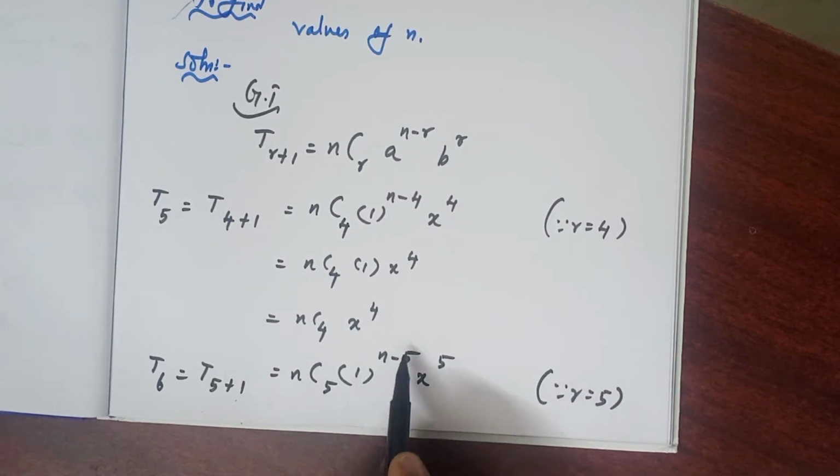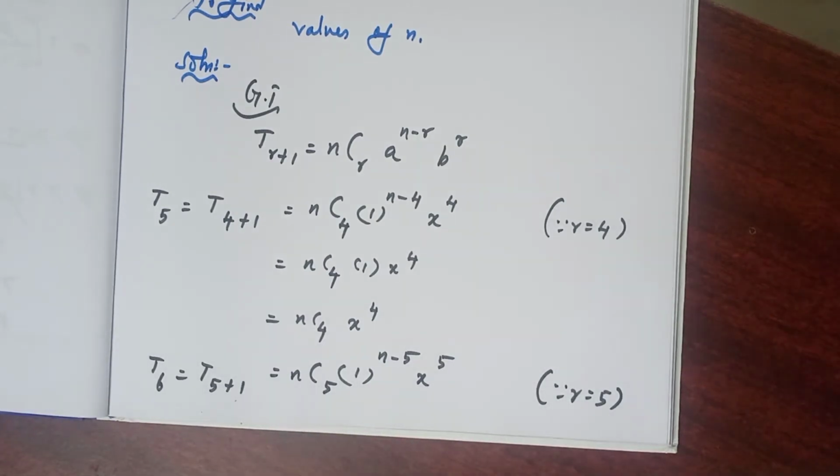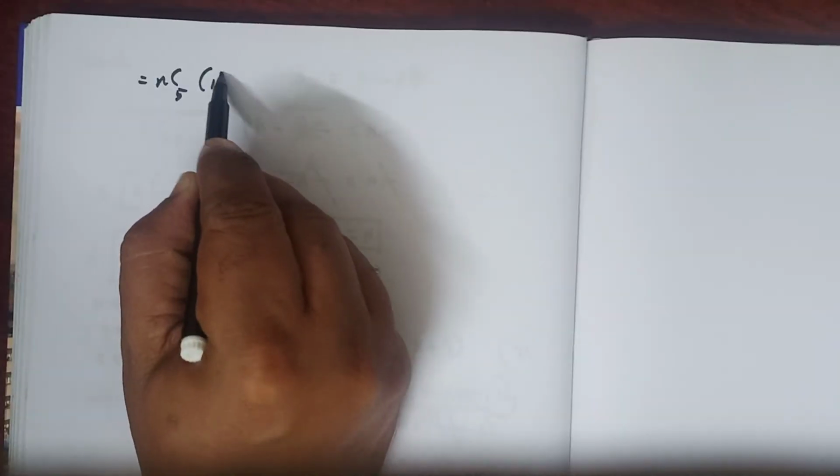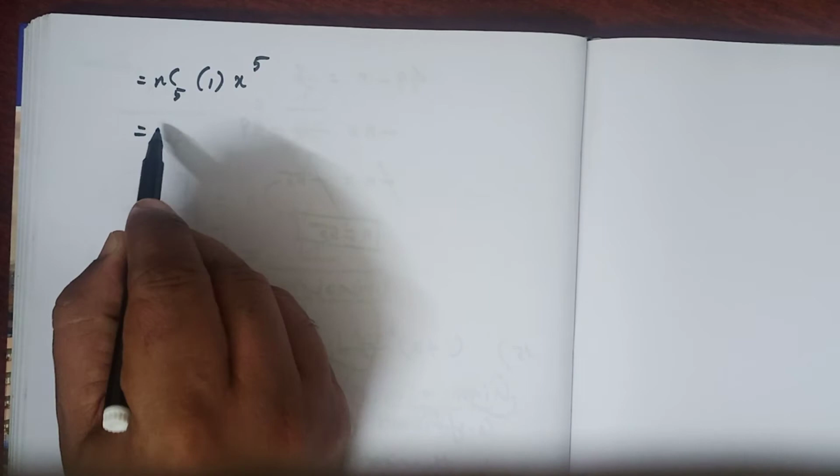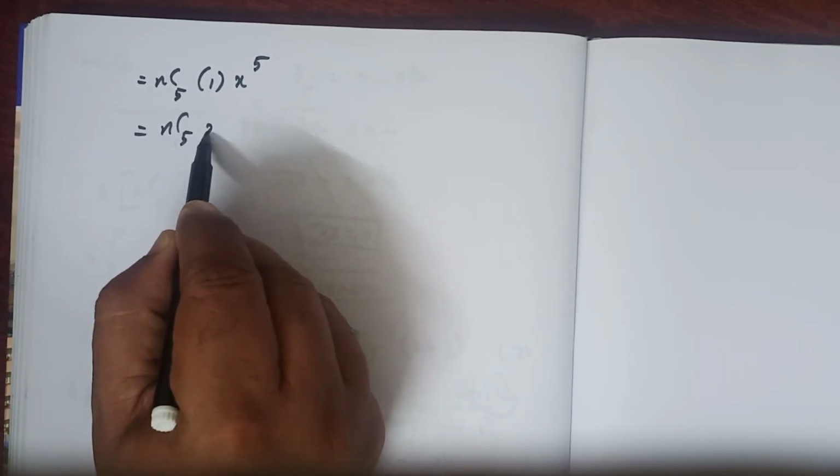NC5 into 1 power anything is always 1 into x power 5. That is equal to NC5 into x power 5.